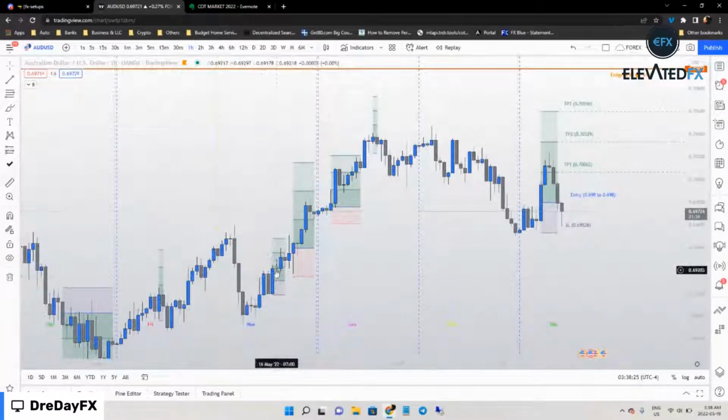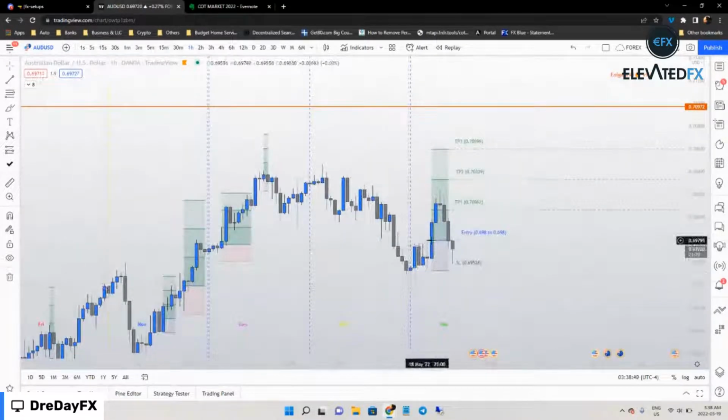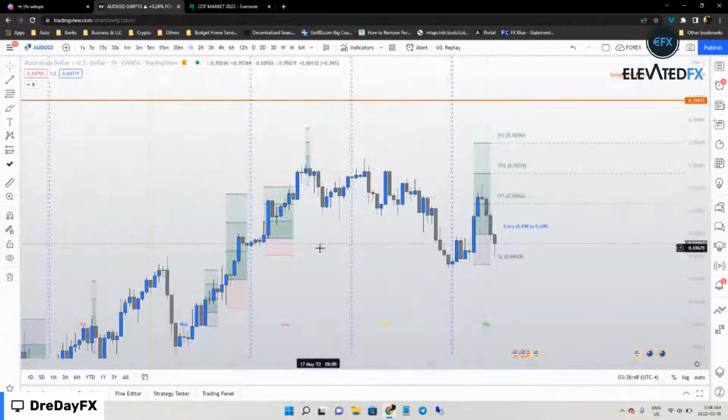And that's why, if you took the buy, overall all the buys were winners for the week, Monday, Tuesday. And right now you have this setup here that was still a winner. It did TP1, but I consider that still a winner.